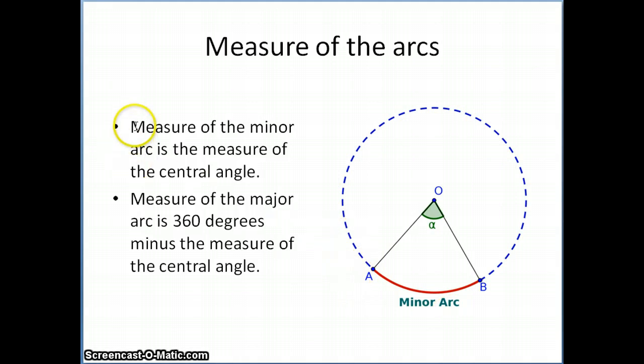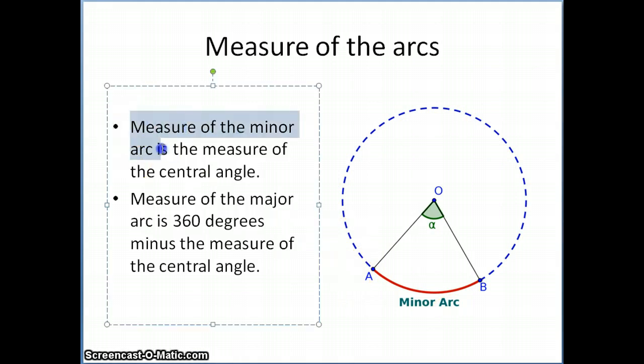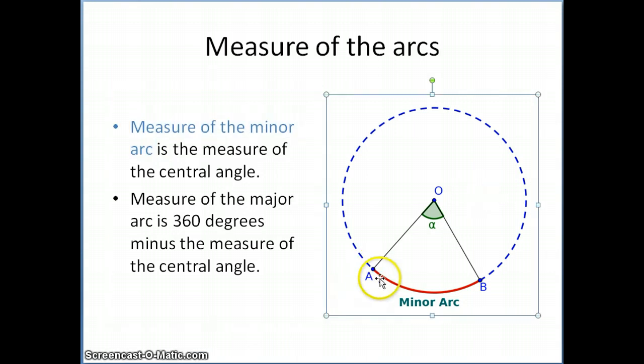Well, we define the measure of a minor arc. For this red arc here, we use the degree measure of the central angle to define the measure of the minor arc.